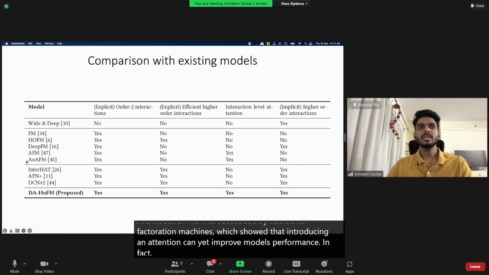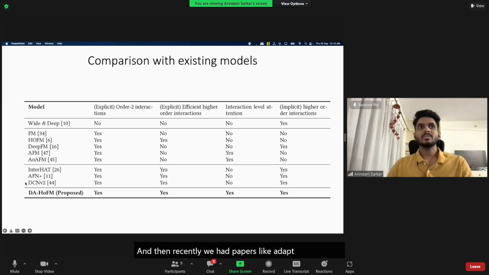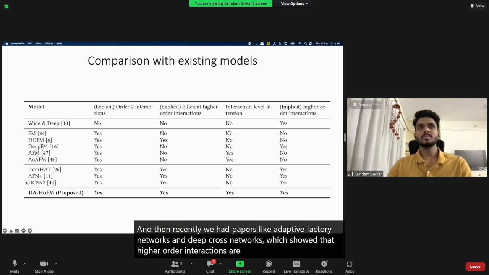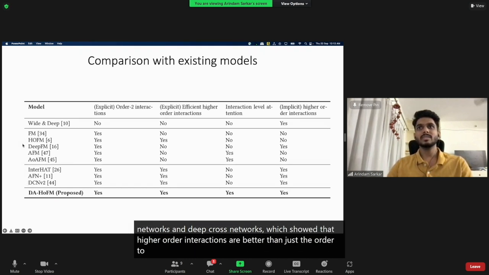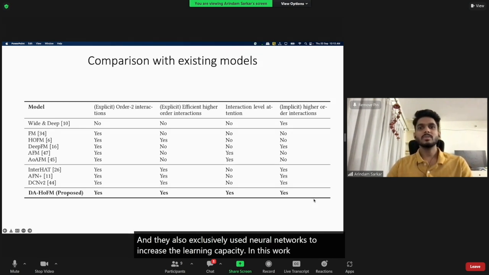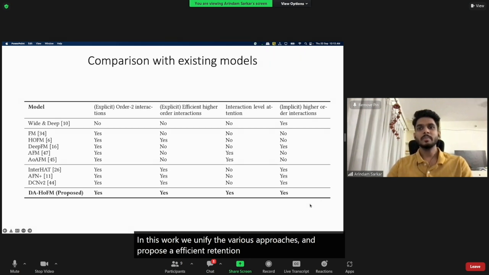And then recently we had papers like adaptive factorization networks and deep cross networks, which showed that higher order interactions are better than just the order 2 interaction in factorization machines, and they also exclusively use neural networks to increase the learning capacity. In this work, we unify the various approaches and propose an efficient attentional architecture which leverages higher order interactions.